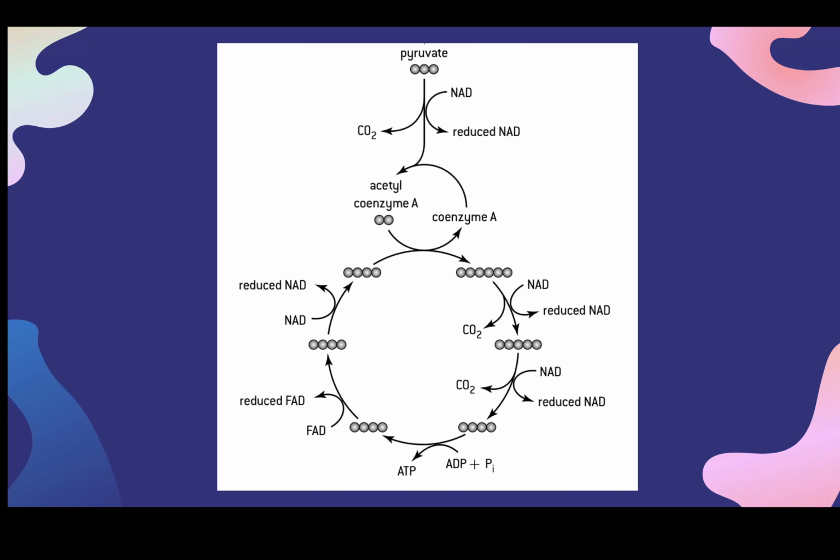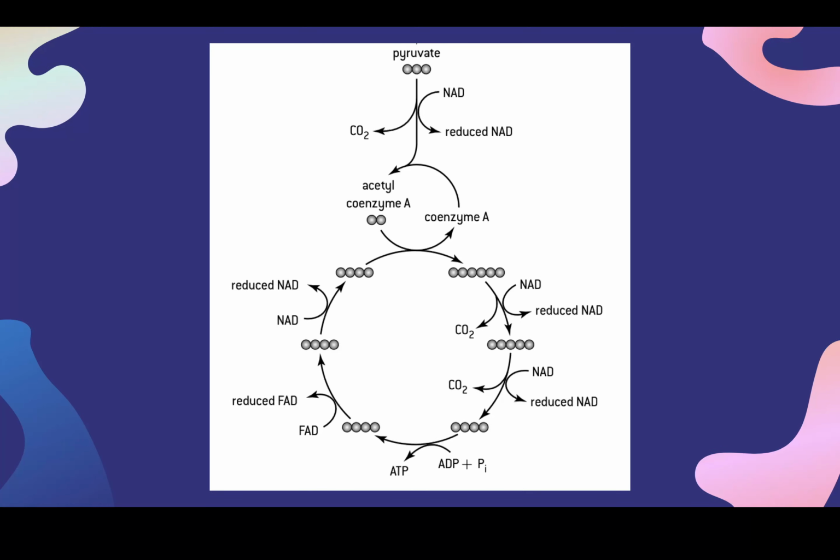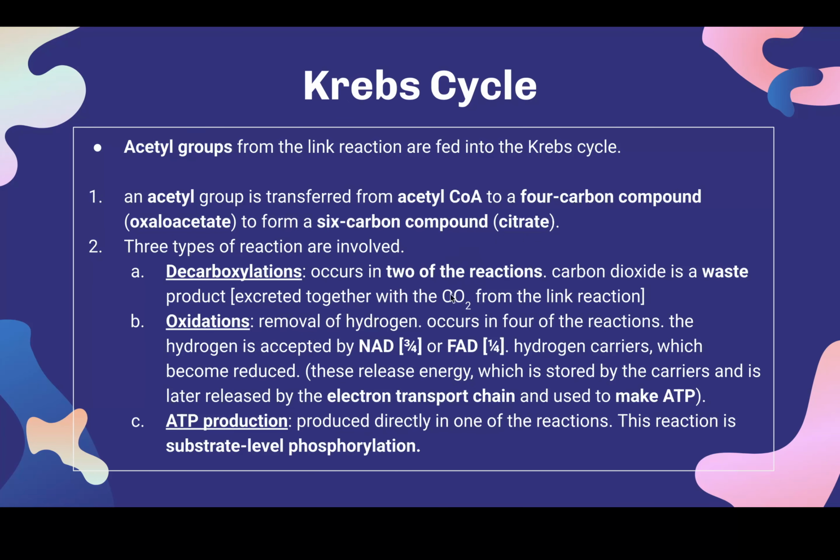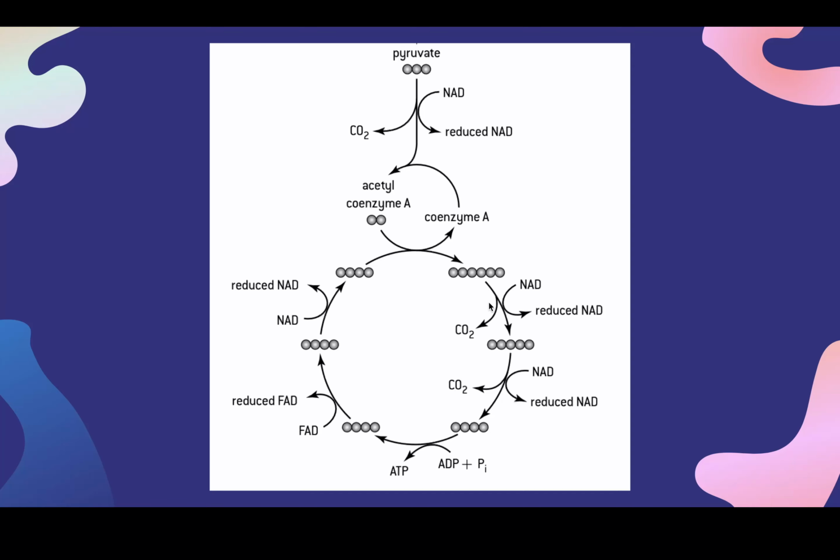How many reactions are there in total and how many of each reaction? I did say it in the previous thing as well, but basically there are 2 decarboxylations, so one here and one here. Now whether you look at it as an oxidation or a reduction depends on what you're looking at.